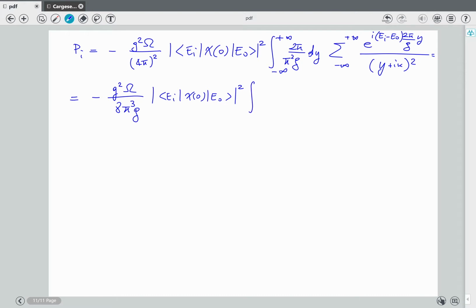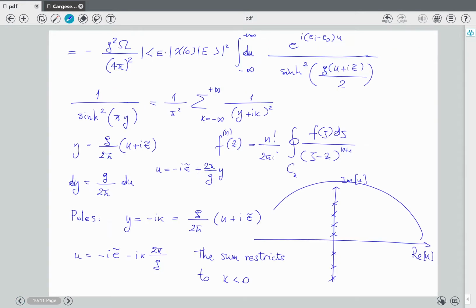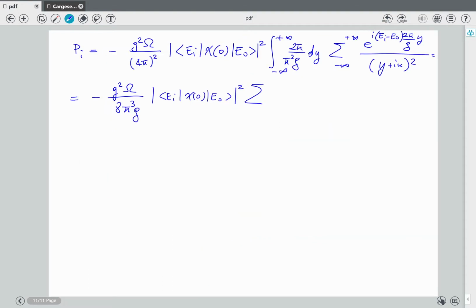Well, we can exchange now the sum with the integral, and as we said, the sum is restricted to the cases k smaller than 0. So here we have k from minus infinity to plus infinity, and then we will restrict the sum from k equal to minus 1 to k equal to minus infinity.